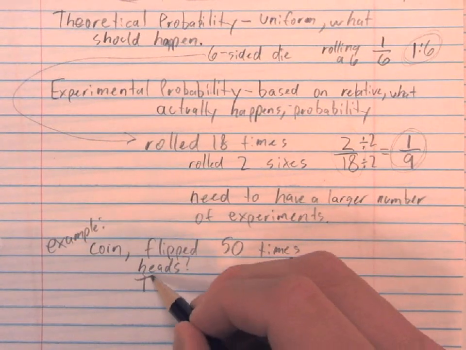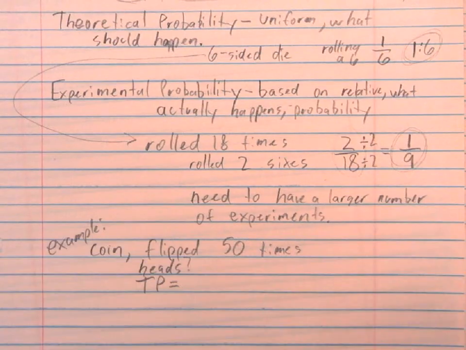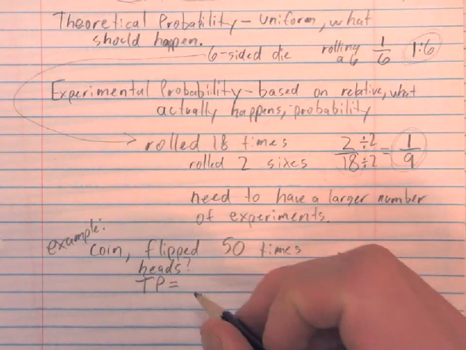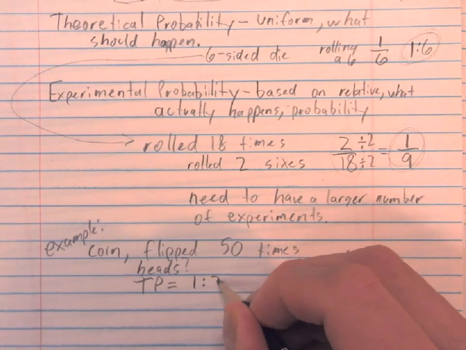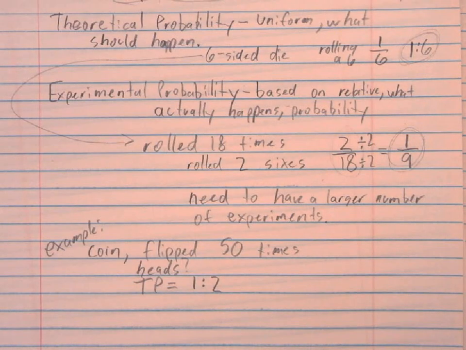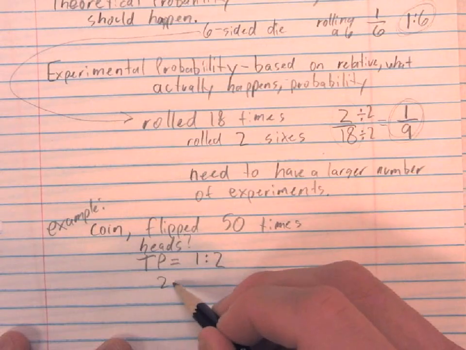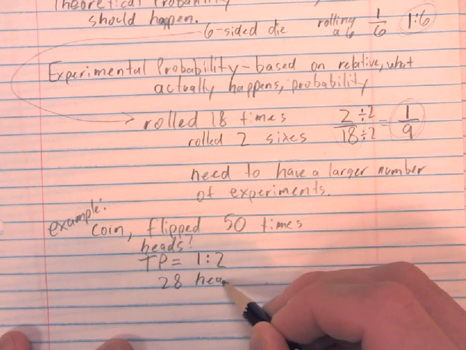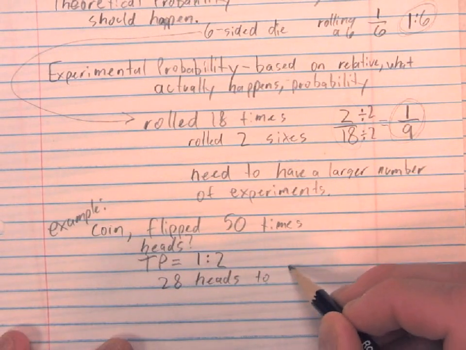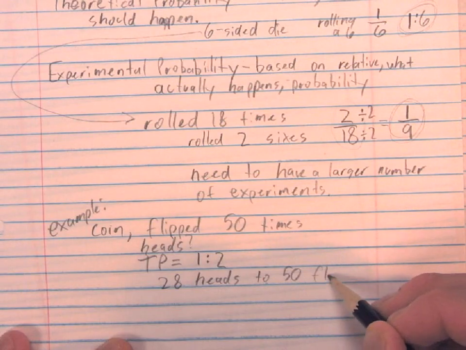Theoretically, the theoretical probability would be 1 out of every 2 times. There's only 2 sides to a coin. So we go ahead and experiment, and what ends up happening is we end up getting 28 heads out of the 50 flips.